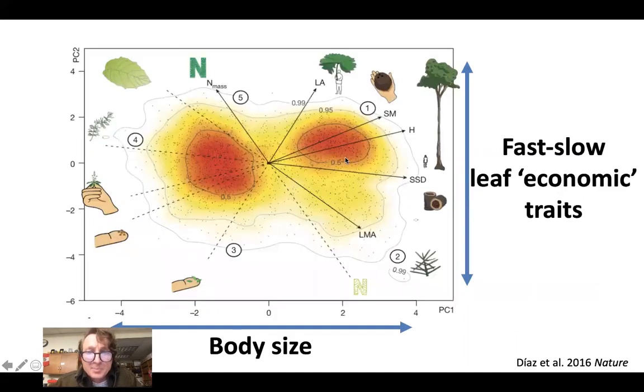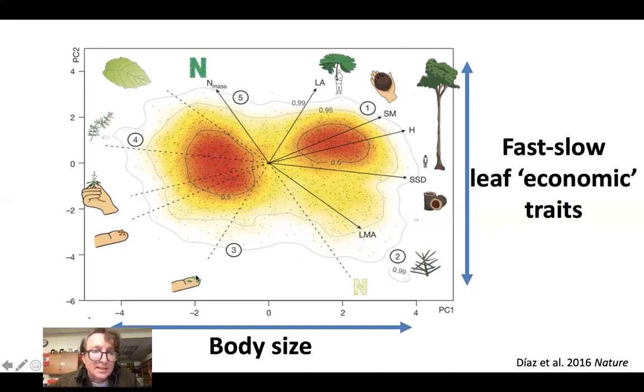What I like about this paper is this blob that's published as one of the main figures. Each of these data points is one species, and they measured all of these different traits, associated with these different symbols arrayed around the blob.